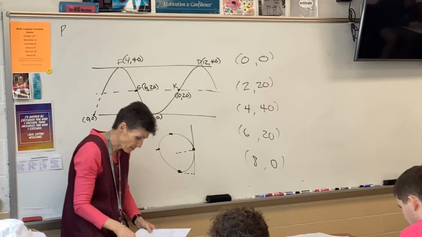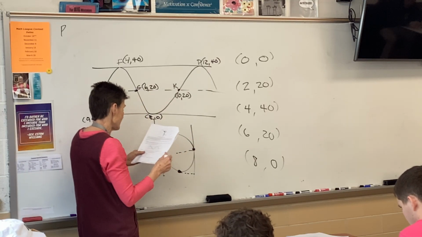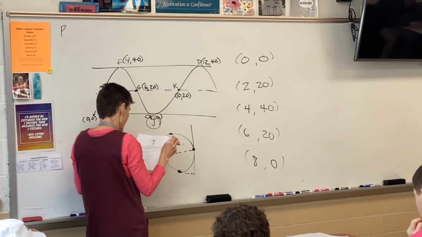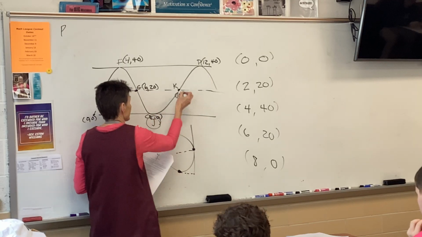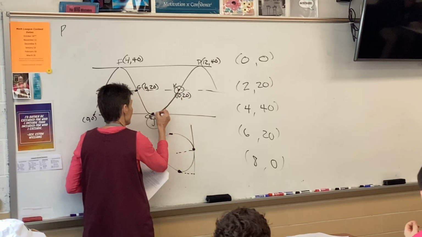All right, let's answer the rest of the questions. T1 is J, and T2 is K. So this time we are looking at this part of the graph right here.